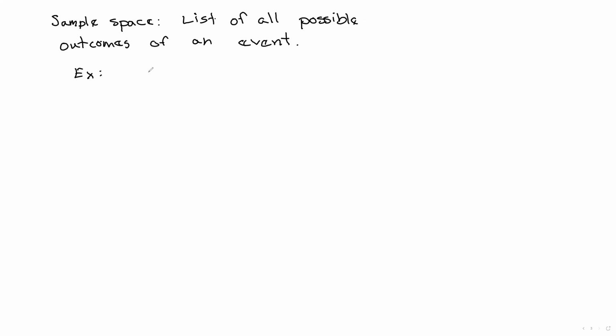If you had the roll of a dice, the sample space would equal 1, 2, 3, 4, 5, 6, because those are the possible results when you roll a dice. For a coin, sample space, heads or tails. Okay, and so that's the idea.